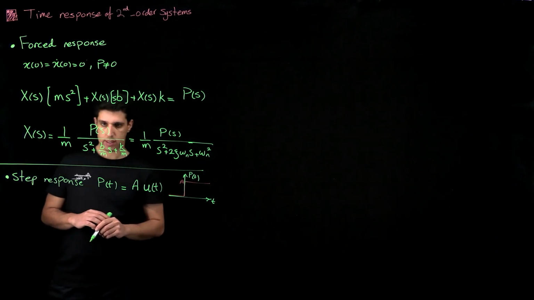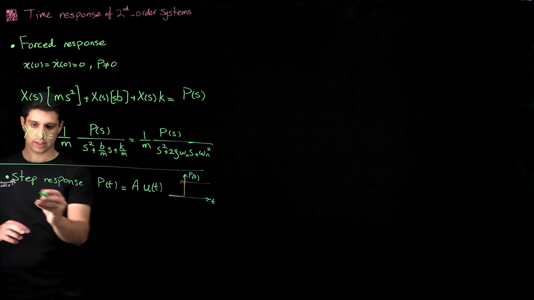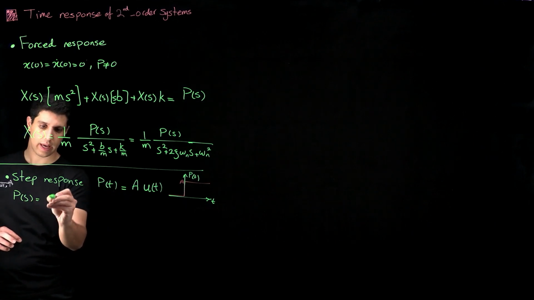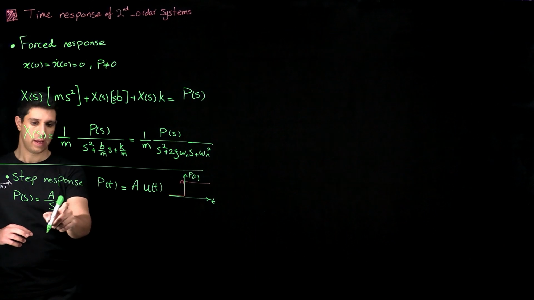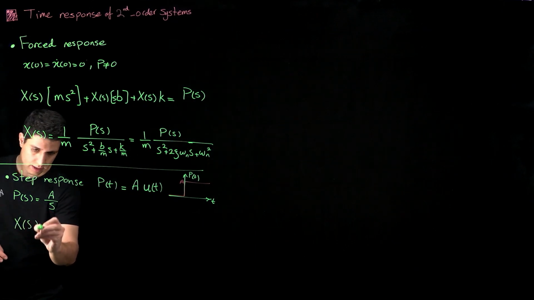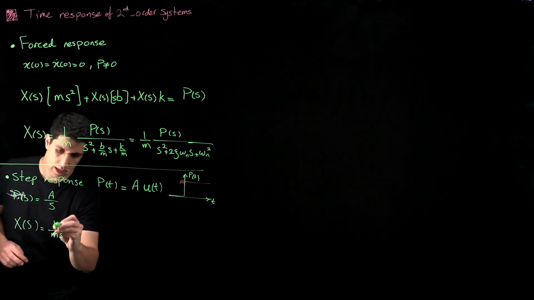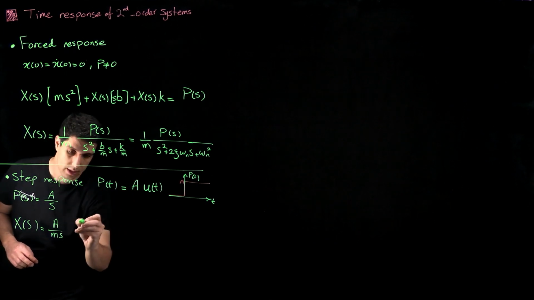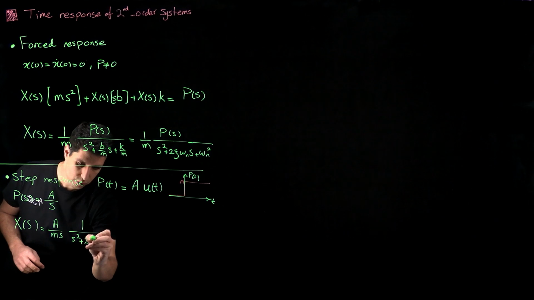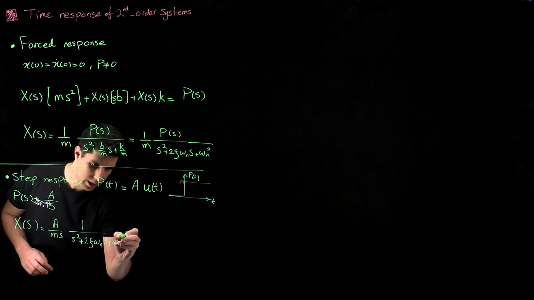So in this case, taking Laplace of p of s is going to be a over s, and substituting that up to here, my x of s is going to be 1 over ms, well, a over ms, same thing as I had before, s squared plus 2z omega n s plus omega n squared.